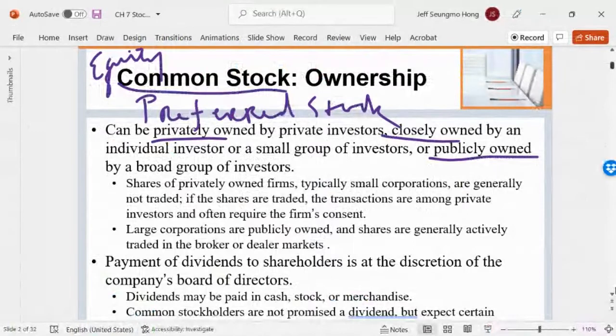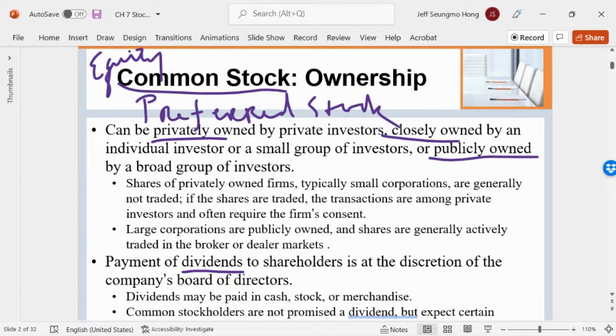Where's my pen? Oh, and so common stocks, and basically preferred stocks too, pay dividends, but not always. Preferred stocks generally pay dividends all the time without skipping, but sometimes even preferred stocks can skip dividends.